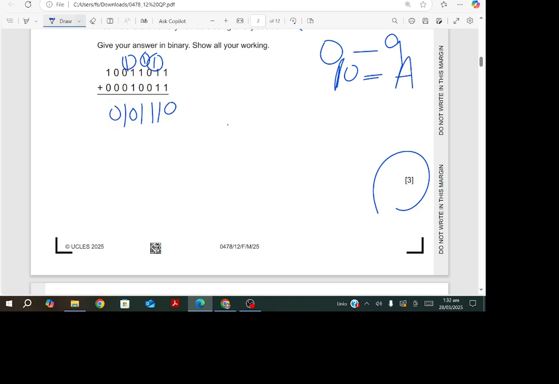Again, do it again. 1 1 0, 1 carry. 1 1 1 1, then 1 carry. 1 0 1 1 0 1 1 1 0, 1 carry. So this way 1 0 1 0 0 0 1 0 1 is our answer.